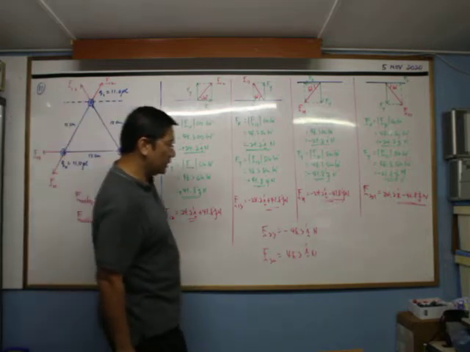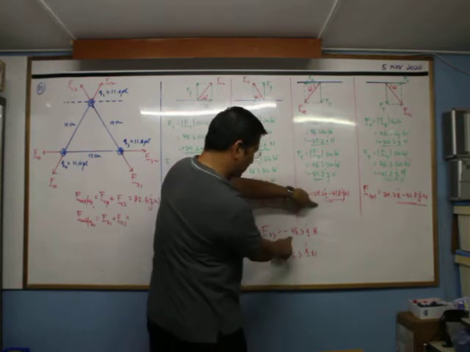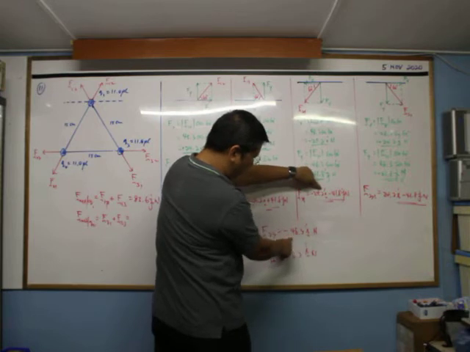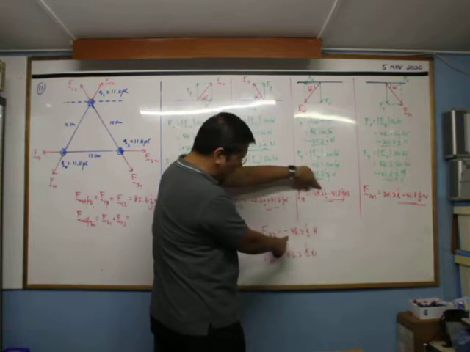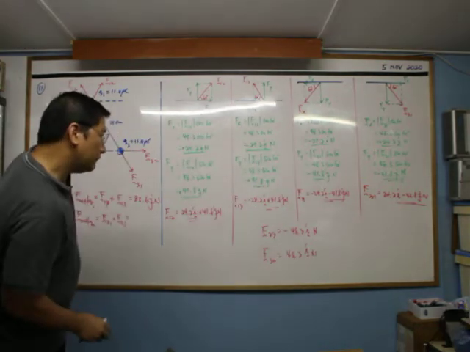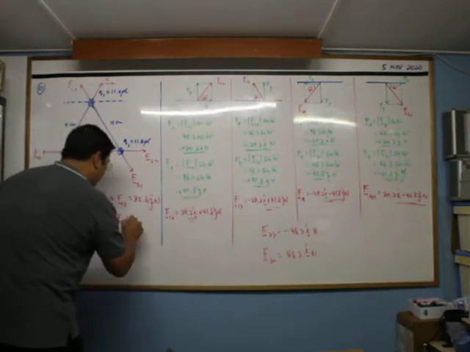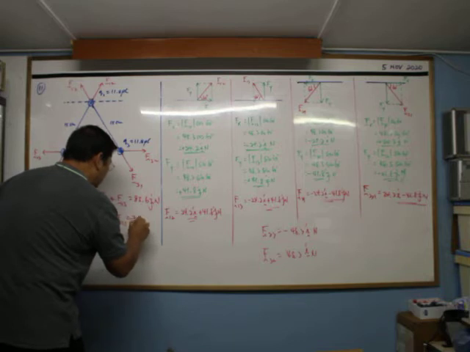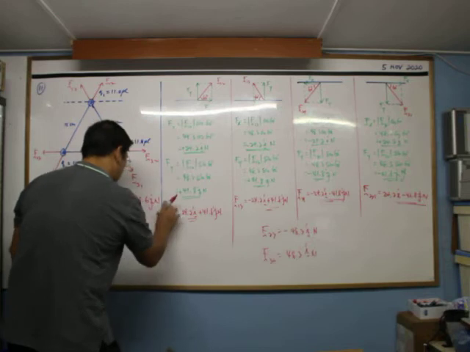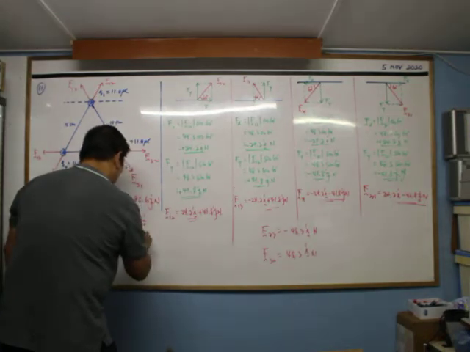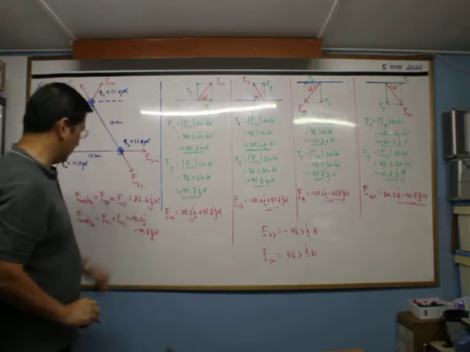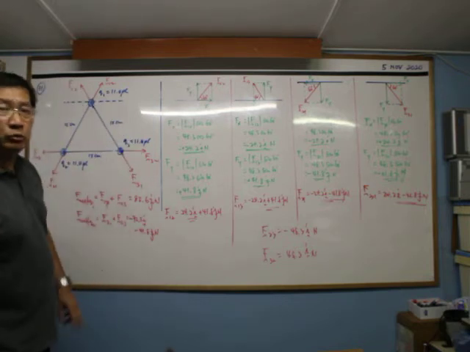This is 21 and 23 is here. So you have 2 i's. If you sum up the I, both are negative, that will become negative 72.5. So you have negative 72.5 I and minus 41.8 J Newtons. That is the net force on Q2.